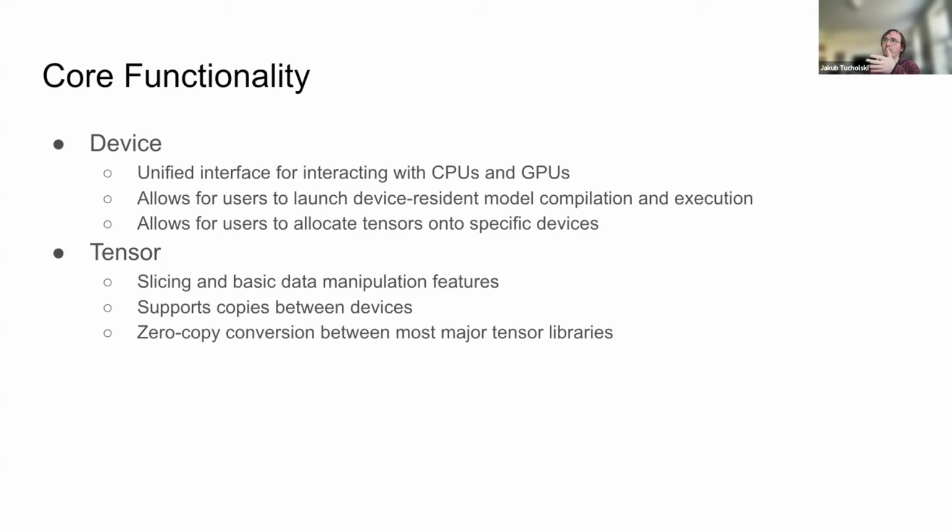So some of the core functionality here: our vision with the device side is to provide a unified interface for interacting with things like CPUs and GPUs. Right now on the GPU side we're primarily providing NVIDIA support. We're hoping to expand that out to other types of GPUs as we move forward, but right now the focus is on NVIDIA.